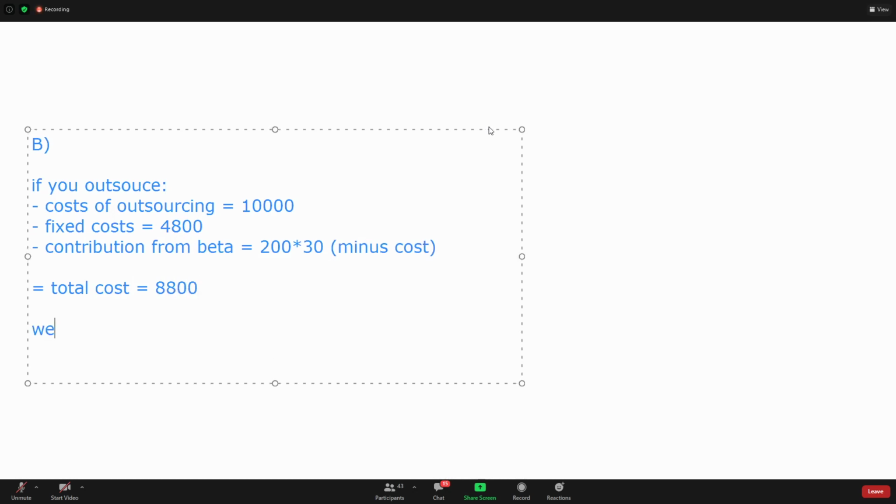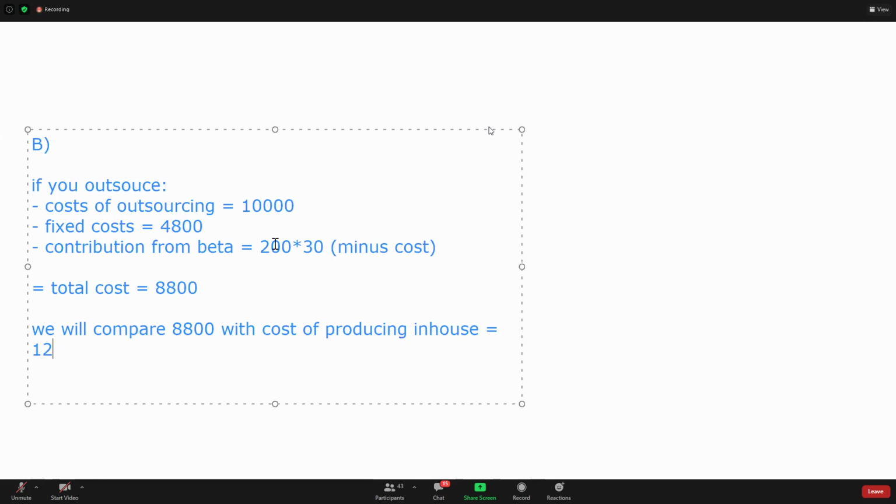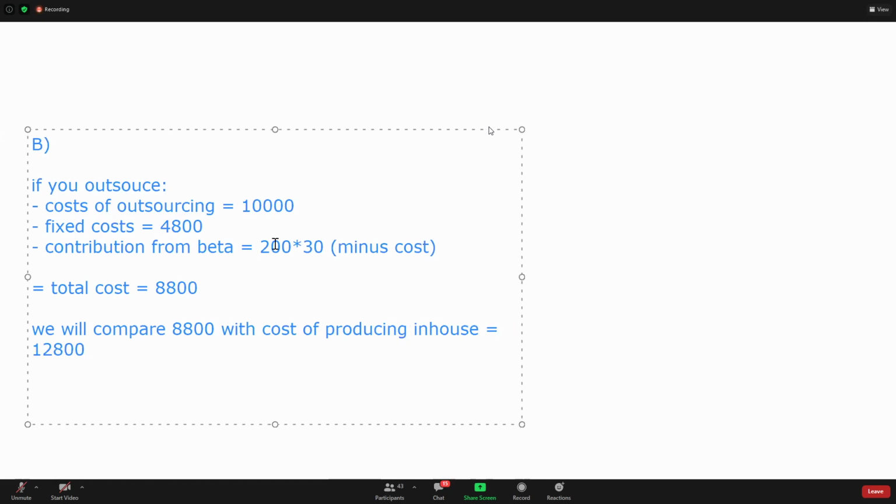And we will compare the 8,800 with the cost of producing in-house equal to 12,800. And because 8,800 is lower than 12,800, we will prefer to have lower costs, and that is to outsource and produce beta. Okay?